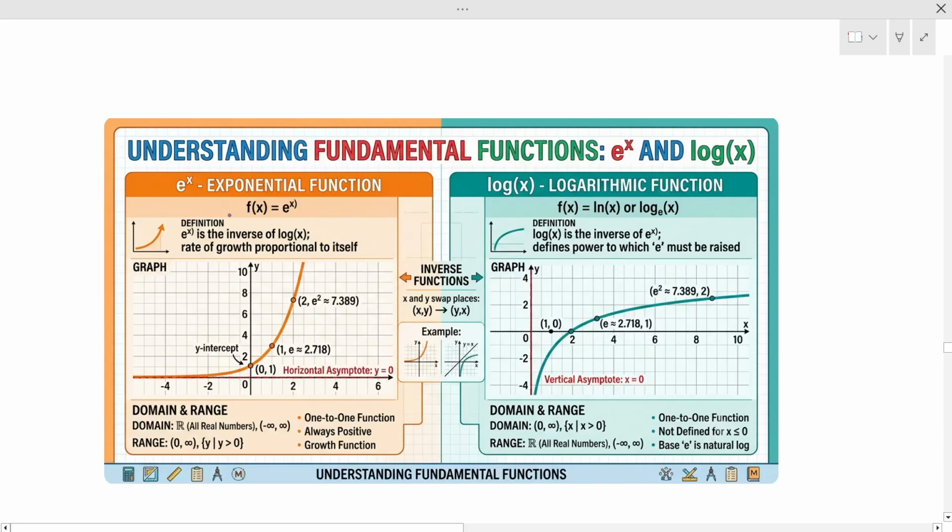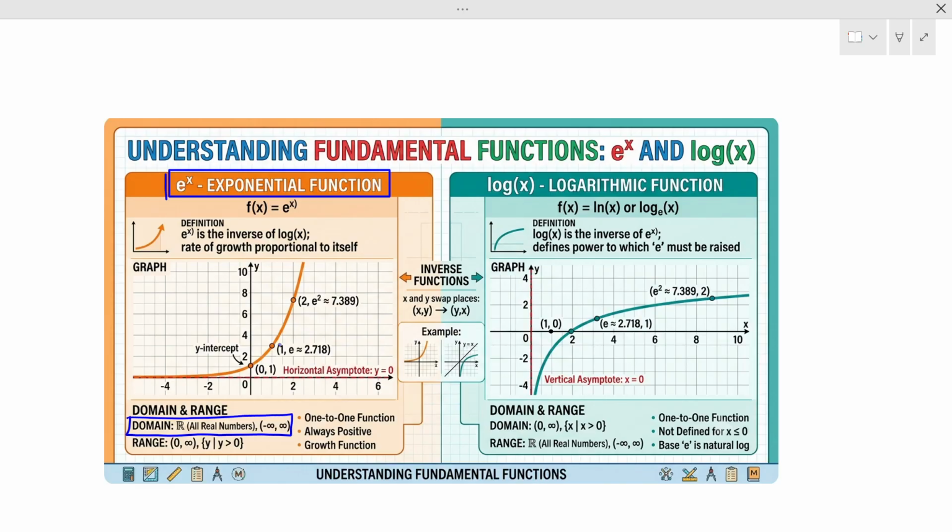Next, the fundamental functions e raised to the power x and log x. These are very, very important. If we have the exponential function e raised to the power x, you can see the graph of it. You can see the domain, it can take any value, so the domain will be all real numbers.